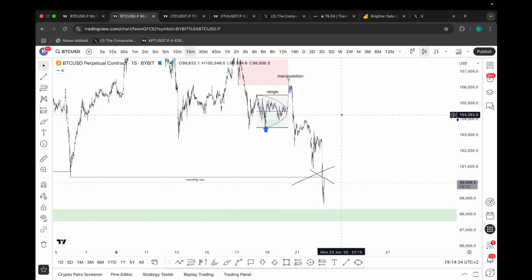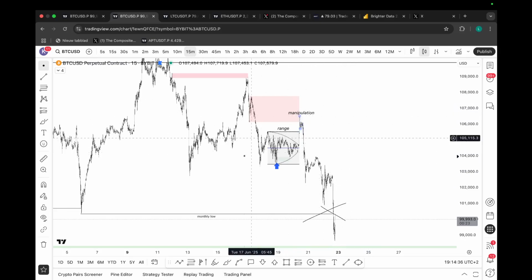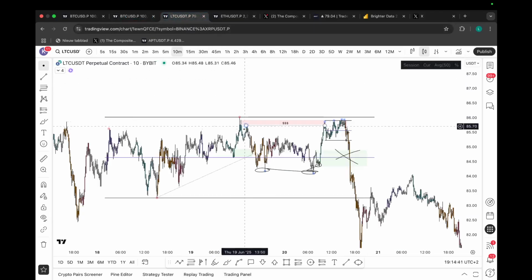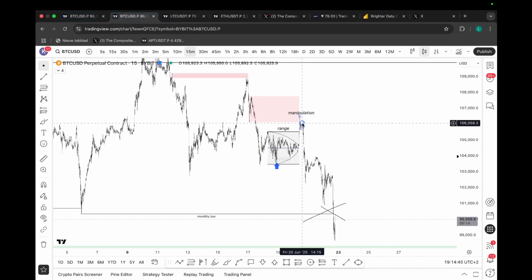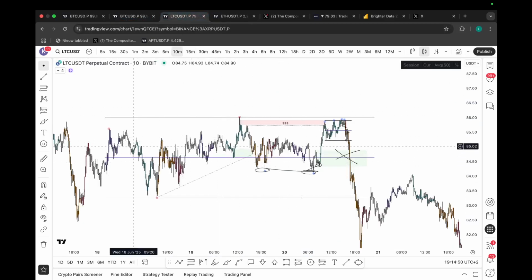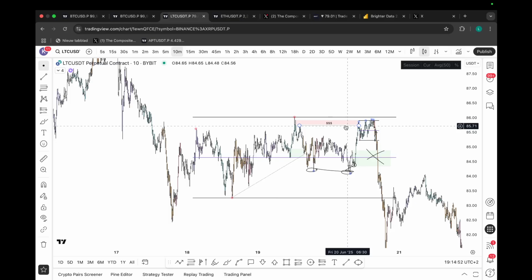So it was basically the fact that we were expecting some sort of a bearish PO3 here on Bitcoin, which gave us the confluence to look for shorts on Litecoin, because that internal distribution entry on Bitcoin is way harder to trade than the high probability TCT distribution model on Litecoin.